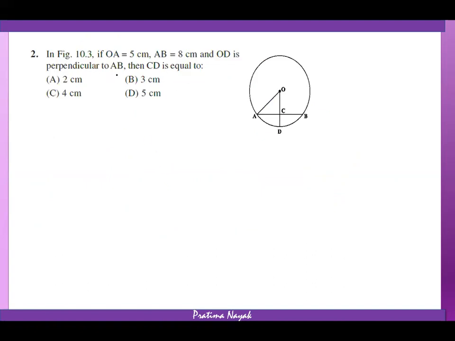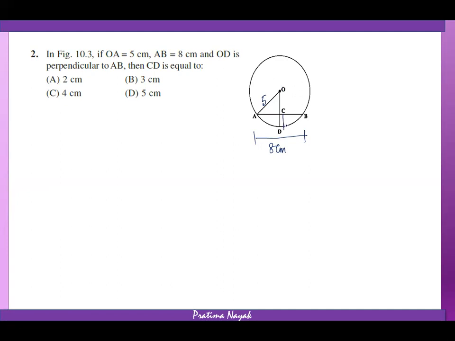Next question. In this figure, OA is equal to 5 centimeter. AB is 8 centimeter. OD is perpendicular to AB. How much will be CD?